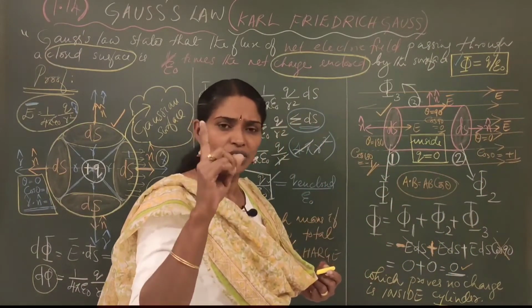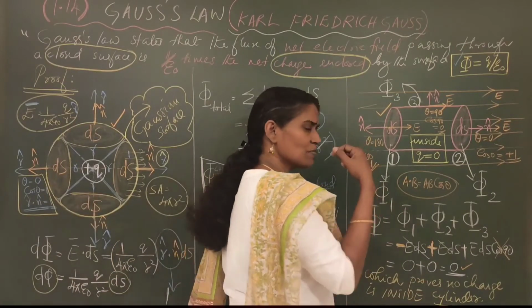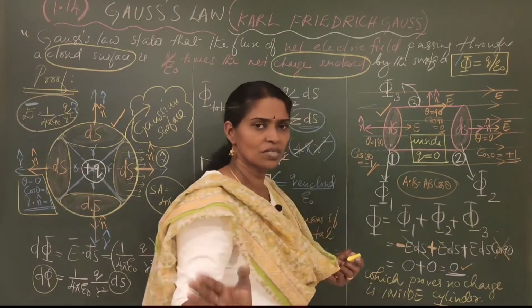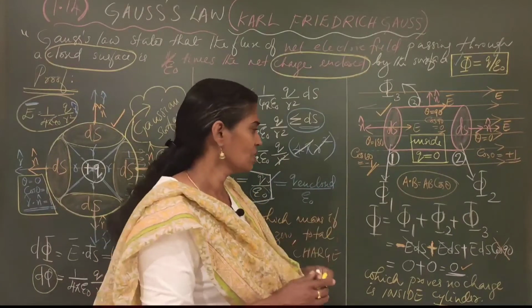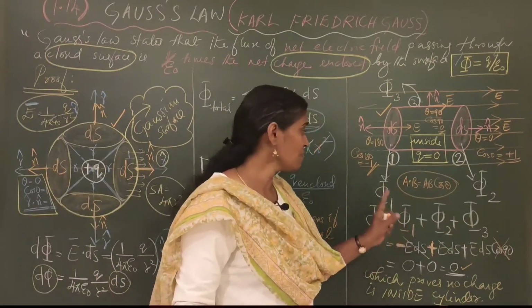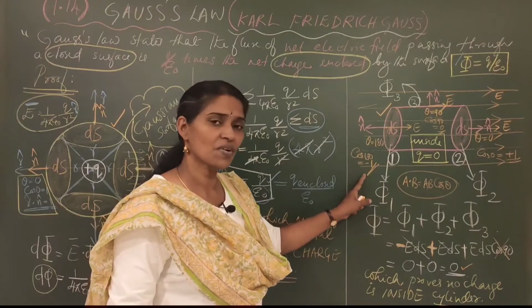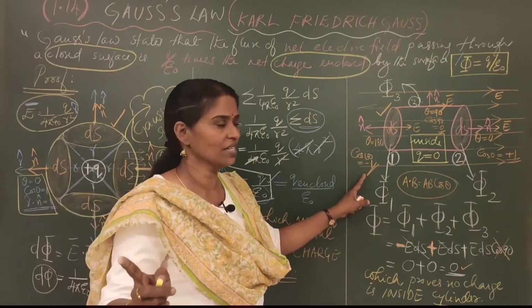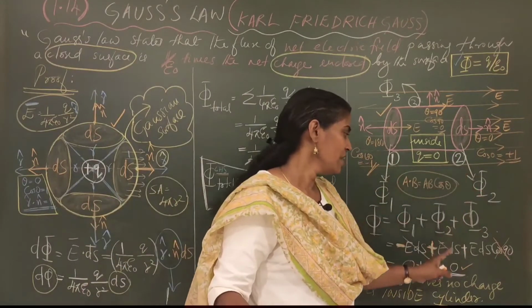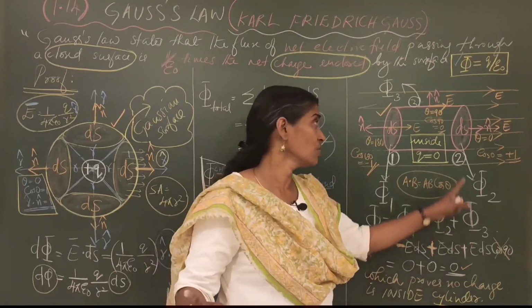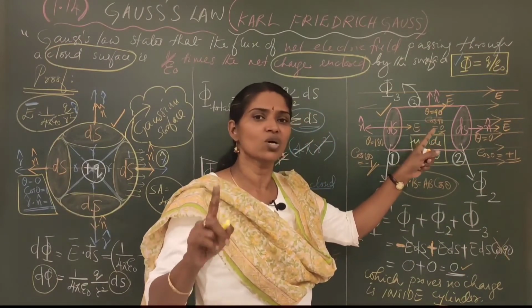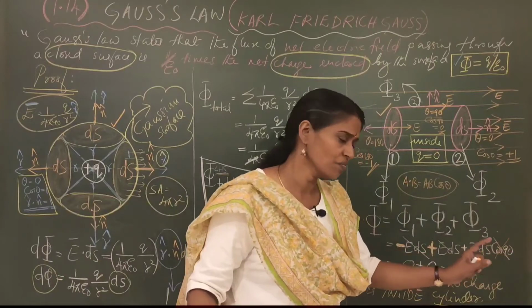Cos 0 is 1. Cos 180 is minus 1. Cos 90 is 0. Substitute, you will get it as 0. Look at this phi 1. What's the value of phi 1 here? What is phi 1? E ds cos 180. What is this one? E ds cos 0. What is this? E ds cos 90. Cos 90 goes to 0.